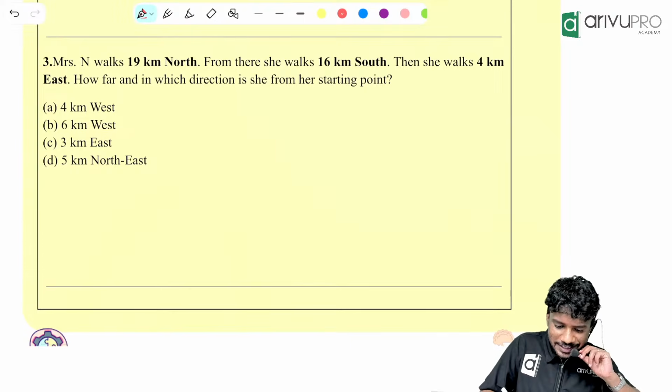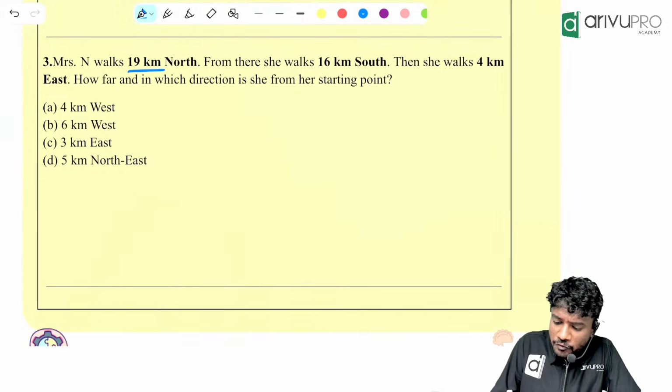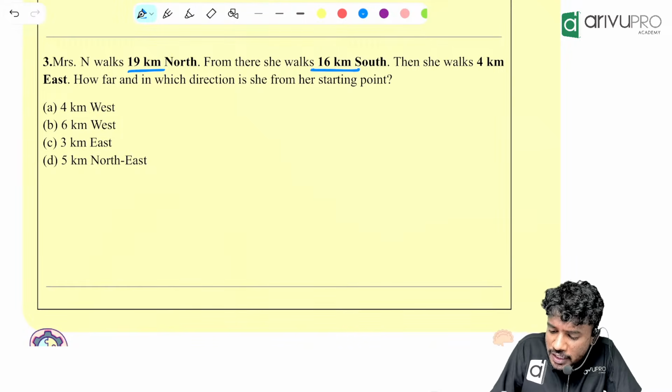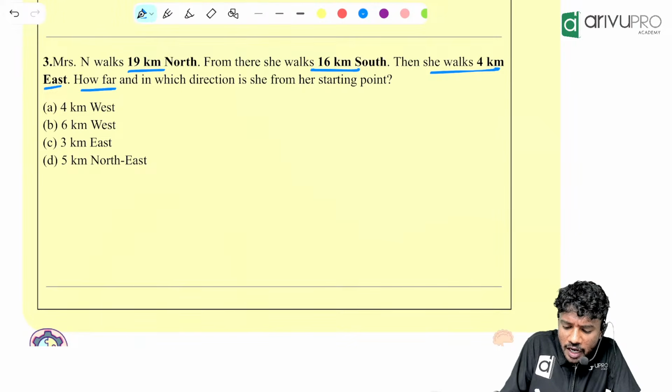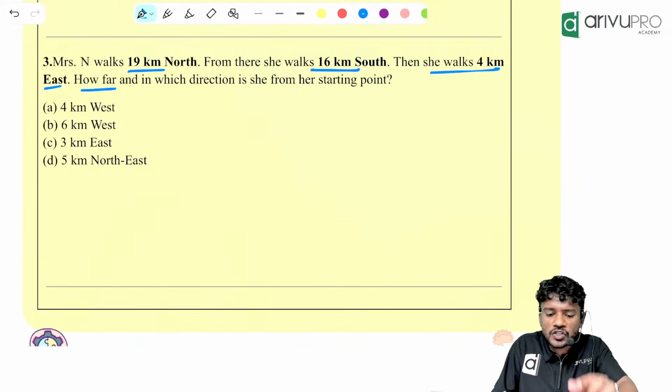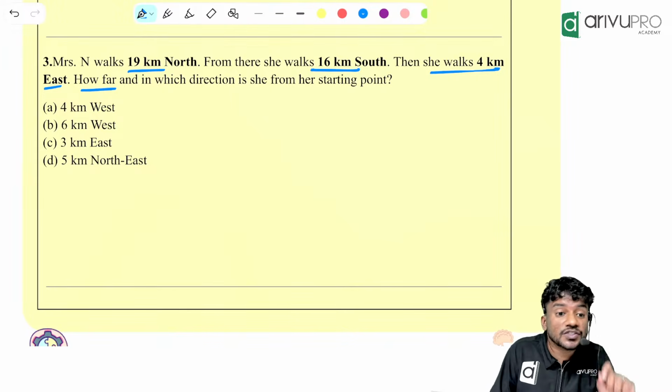Then Mrs. N walks 19 kilometers north. From there she walks 16 kilometers south. Then she walks 4 kilometers east. They are asking how far and in which direction she is from the starting point. That means we need to find the direction and also the shortest distance. Correct?